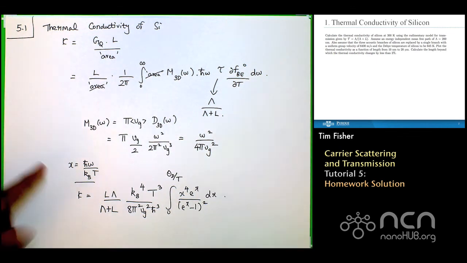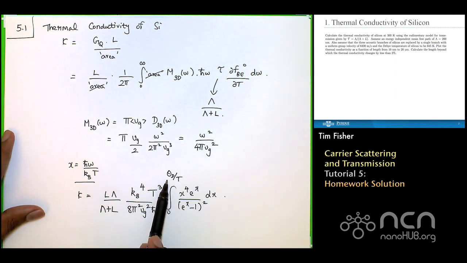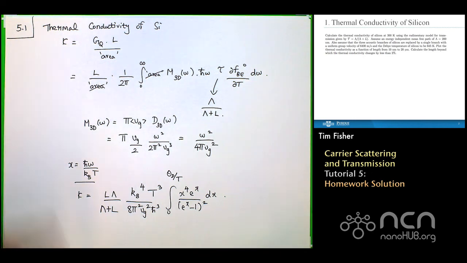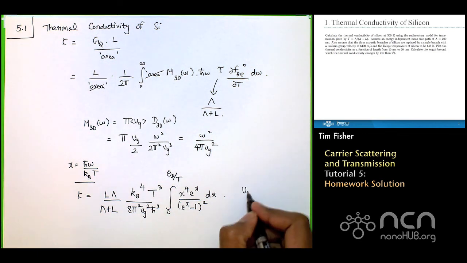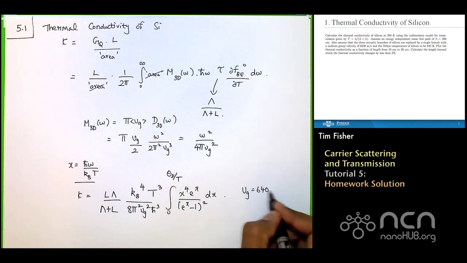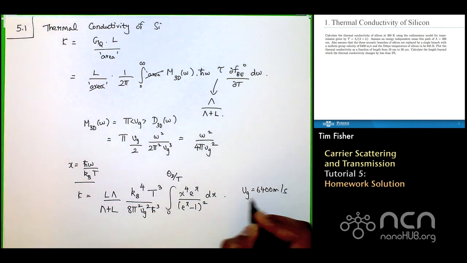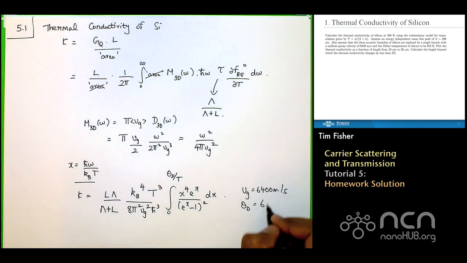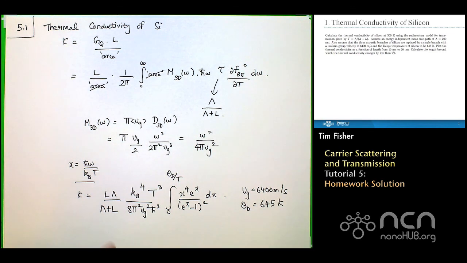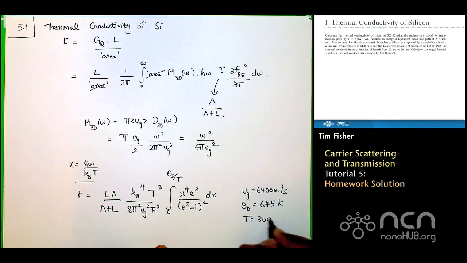So now we just need to substitute values for the Debye temperature and evaluate this integral. And we have also been given that there is just one branch that we are considering here. The average group velocity of this particular branch is given as 6,400 meter per second, and the Debye temperature has been given to be 645 Kelvin, and we are calculating the thermal conductivity at a temperature of 300 Kelvin.